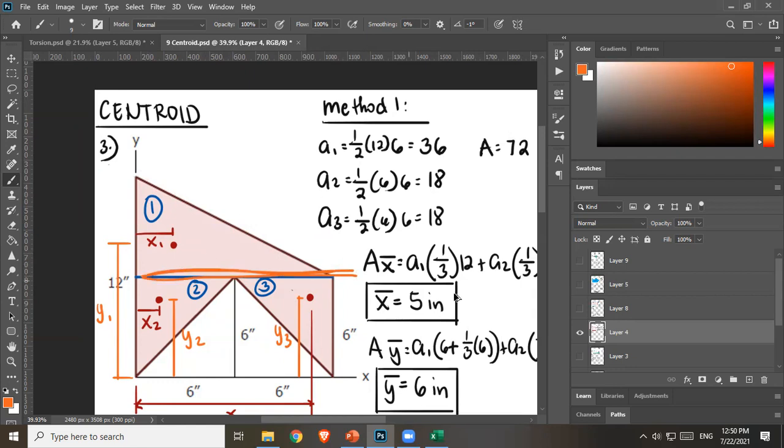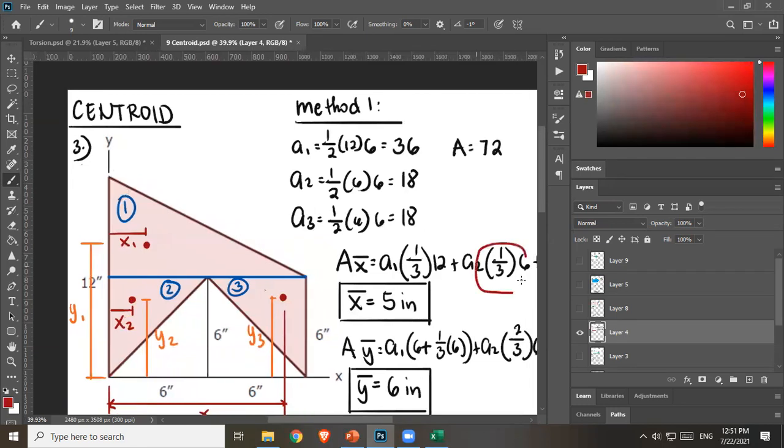Therefore, 1/3 times 12. Okay? And then next, A2, right? The distance from the y-axis, that's your x2. And again, this is from the higher end. So the equation is 1/3 times length, and this is your length, so 1/3 times 6.